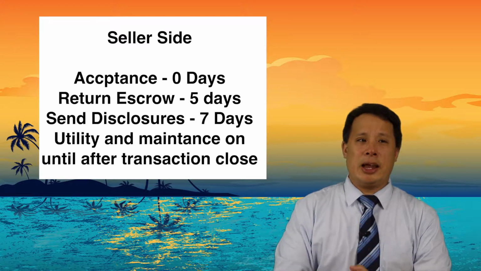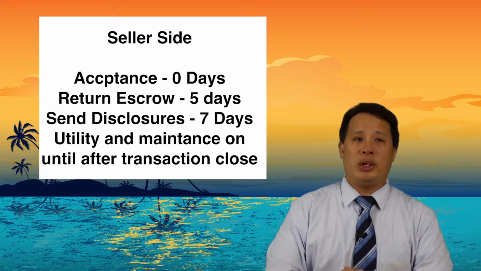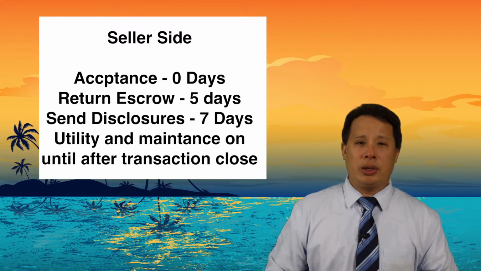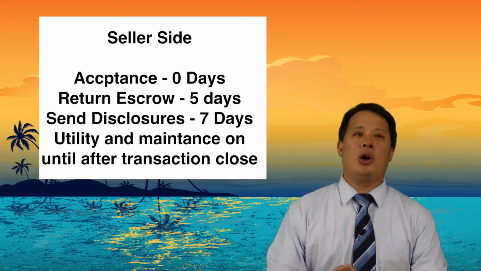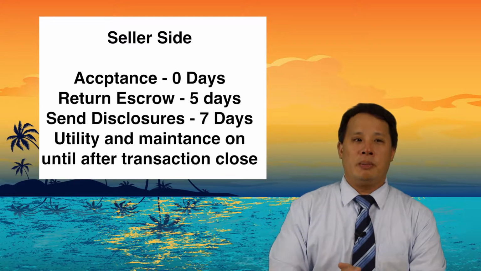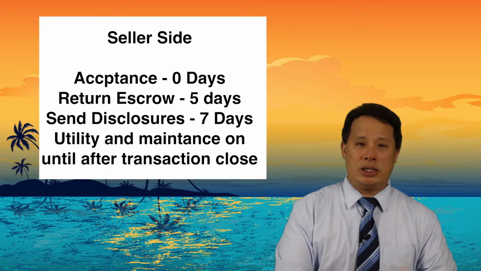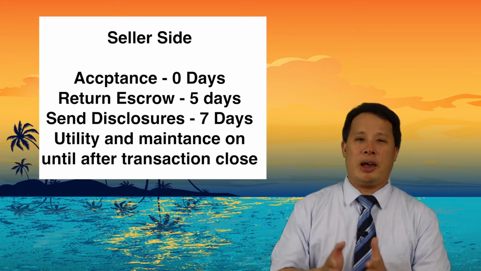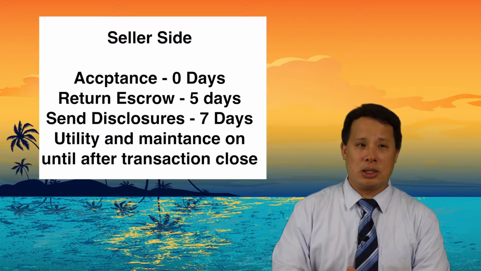And you need to send the buyer the property reports and the disclosures within 7 days. Why do you need to do that? Because you want to make sure your buyer knows all the issues the property has that you know of for the property sale. And you want to do it before 7 days because you want to make sure they have time to study, understand, and agree to the whole process.